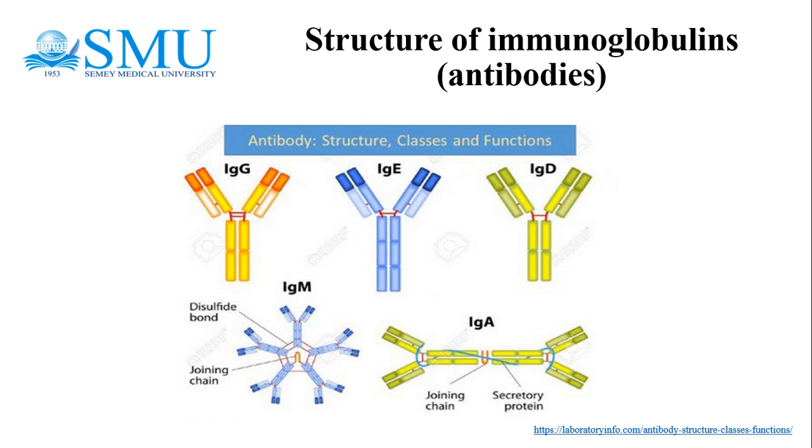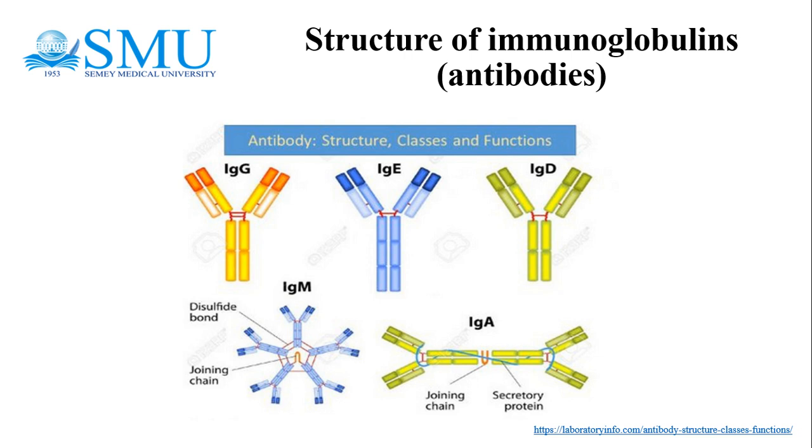Each is designated by the Greek letters gamma, alpha, mu, delta, and epsilon, and is present only in a particular class of immunoglobulins. And the 5 classes of immunoglobulins: immunoglobulin G, A, M, D, and E, are classified based on the amino acid sequences of the heavy chains, and the light chains are of 2 types, kappa and lambda.